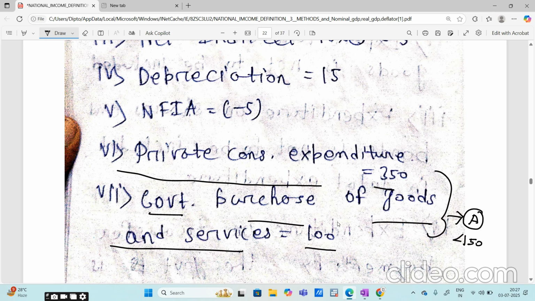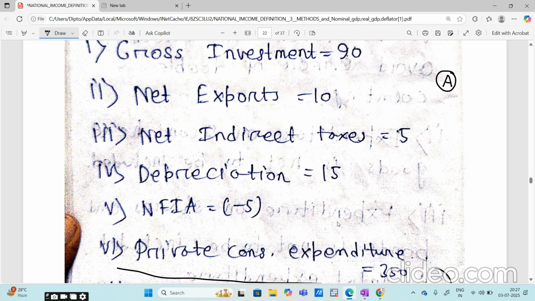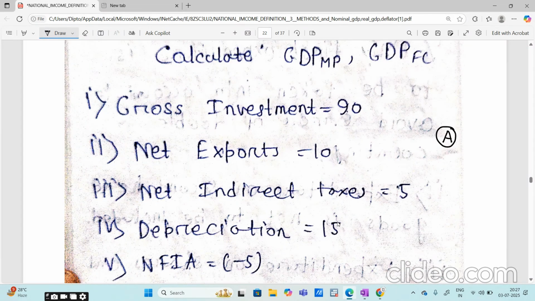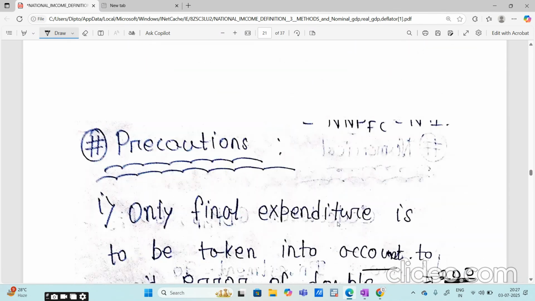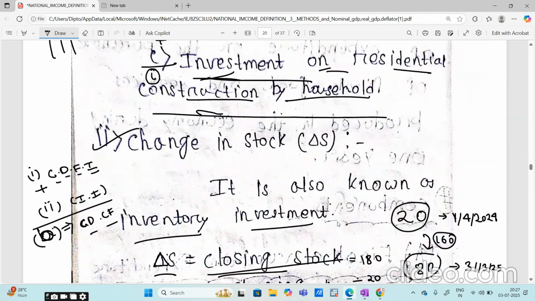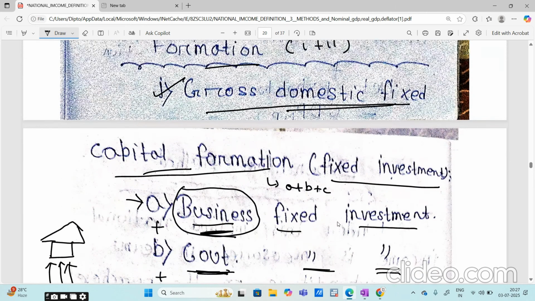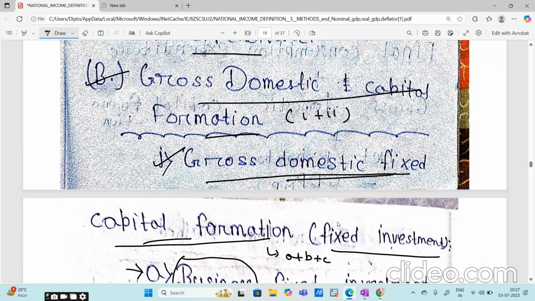Now look for part B. Part B contains which component? Gross investment. From part B, we had these things: gross domestic capital formation.